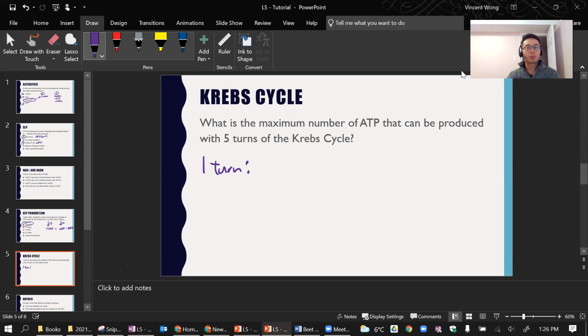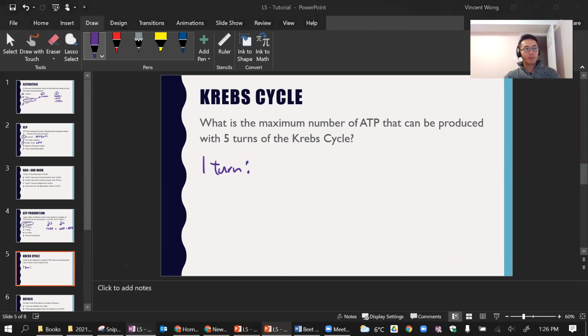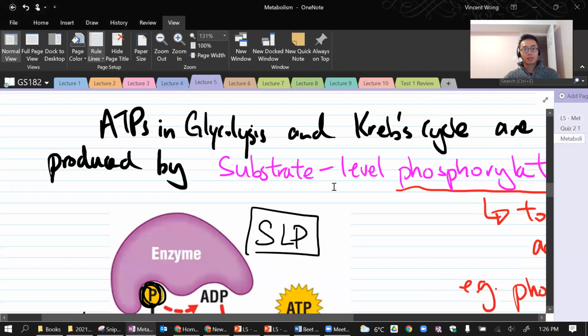What's being pumped out? If you guys have been copying the notes in the tutorial, please look back to your notes and tell me, what do we get from one single turn? Anybody? Okay, let's go back to the notes. Where were we?